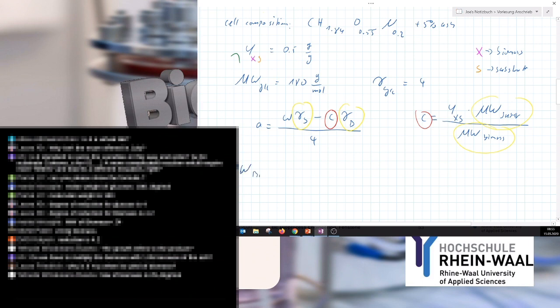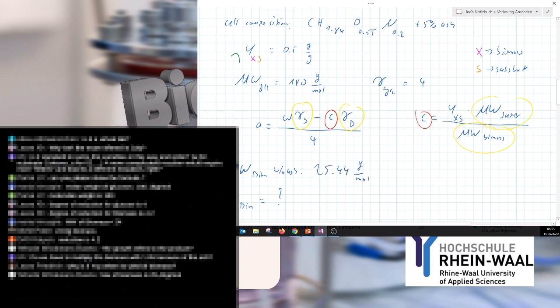Okay, so I'm waiting for the molecular weight of our biomass, and I'm waiting for the degree of reduction of our biomass. You can give me the number. Molecular weight of the biomass is 25.44 grams per mole without ash.